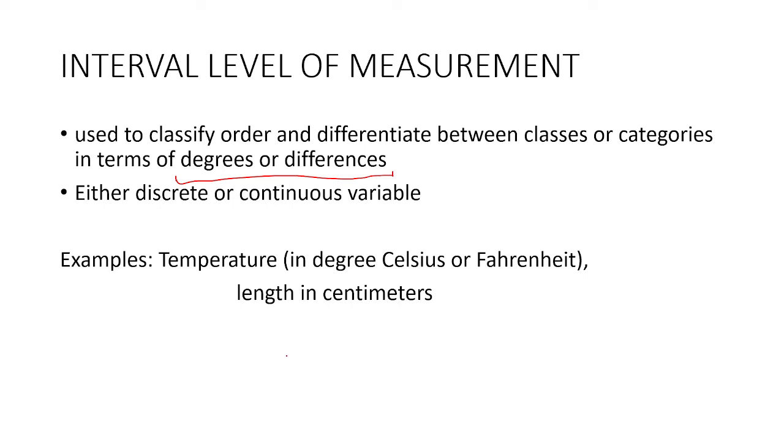So, in this way, actually, we have here temperature. Temperature can range from negative 273 degrees up to 273, and so on and so forth to infinity. So, that is what we call an interval level of measurement, or pwede rin yung length in centimeters. Okay?